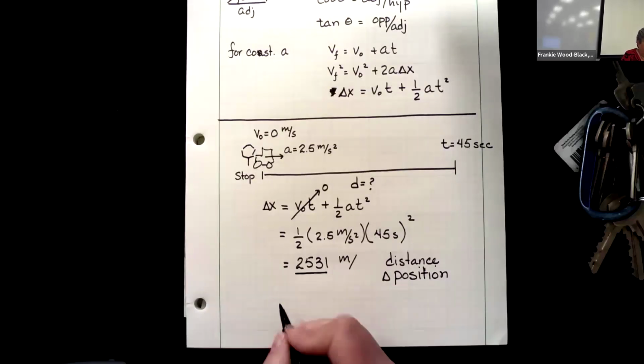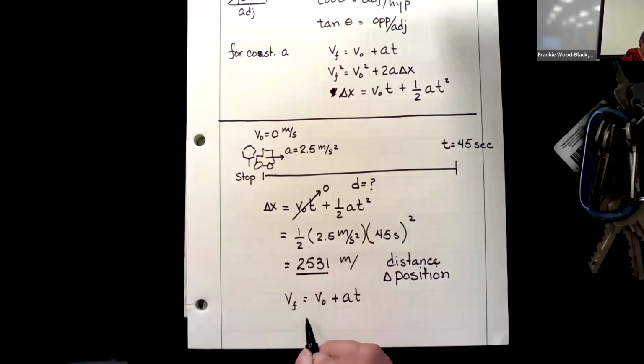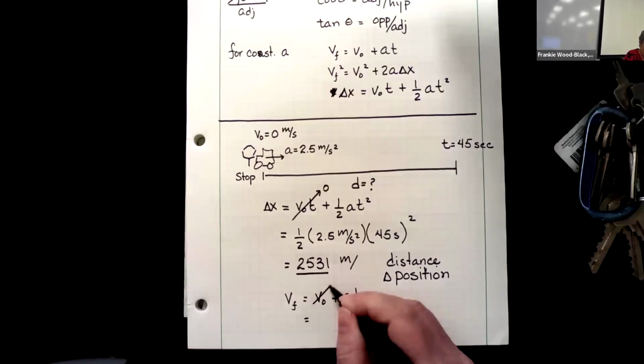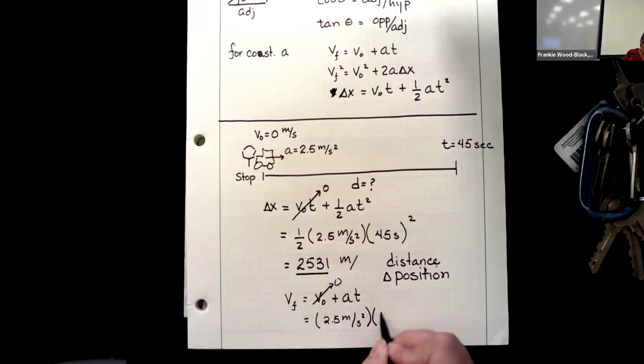We can actually calculate the final velocity now. My final velocity is equal to my initial velocity plus my acceleration times time. My initial velocity was 0. My acceleration was 2.5 meters per second squared. And my time was 45 seconds.